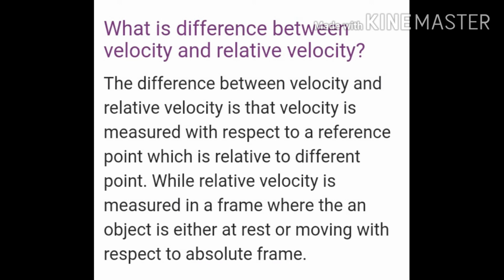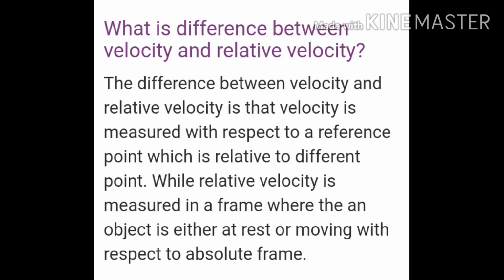The difference is that velocity is measured with respect to a reference point, which is related to different points, while relative velocity is measured in a frame where an object is either at rest or moving with respect to an absolute frame. So this is the difference between velocity and relative velocity.